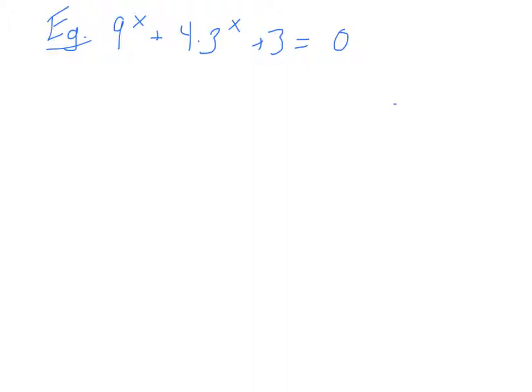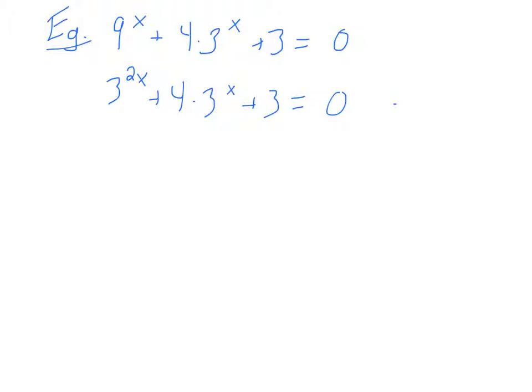In this case, it's tricky because we have two exponential expressions that are part of this equation, here and here, but then we also have this constant. Now, 9 to the x, could I write 9 to the x and 3 to the x with the same base? Yeah, so it's 3 to the 2x, right?